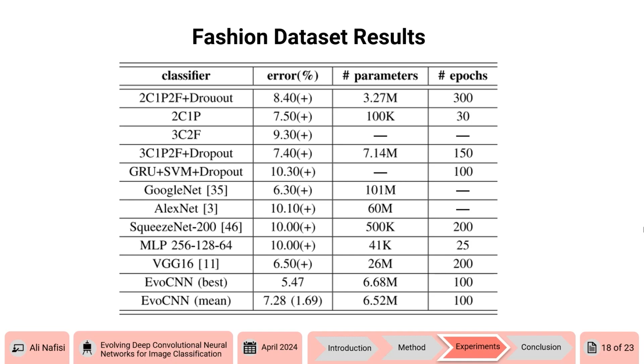Here are the results on the fashion datasets. So let me just have the pointer here. We have 2 results here, best and mean. So what are those?